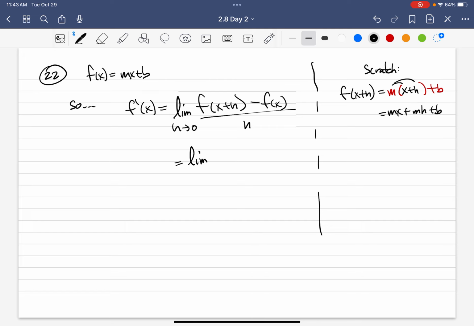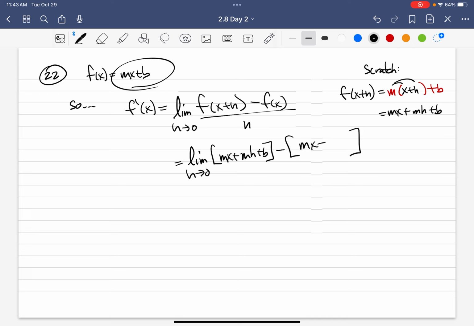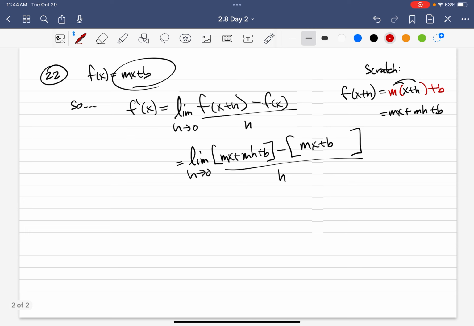So I have the limit as h goes to 0 of mx plus mh plus b minus what's in here, which is just this, all over my h. Why is that great? Because I think it's clear that these cancel out nicely, to where you're only left with the limit as h goes to 0 of mh over h.